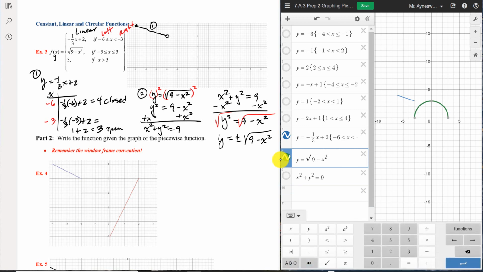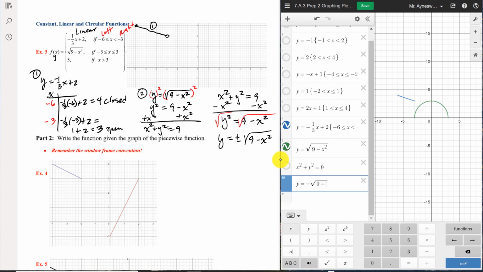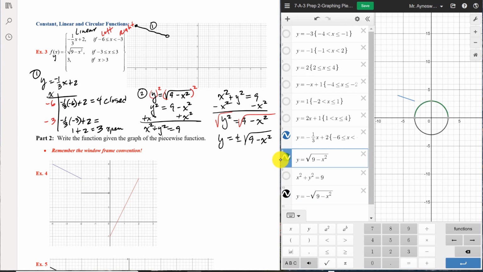If I enter in another equation, y equals the negative of the square root of 9 minus x squared, watch what happens. Notice I get the bottom half. So the negative of the root gives you the bottom half of the circle. The positive of the root will give you the upper half. So plus gives you the upper half, minus gives you the lower half.